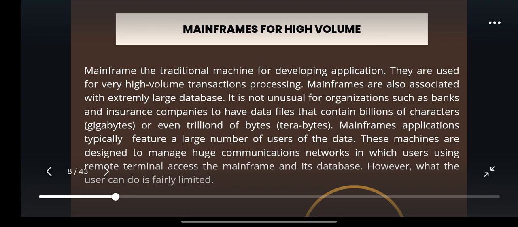Mainframe applications typically feature a large number of users of the data. These machines are designed to manage huge communications networks in which users, using remote terminals, access the mainframe and its database. However, what the user can do is fairly limited.